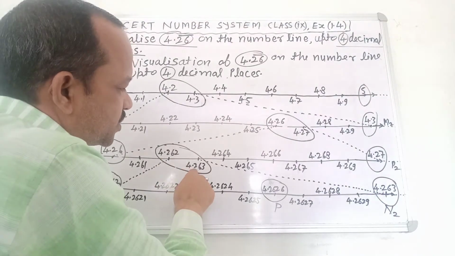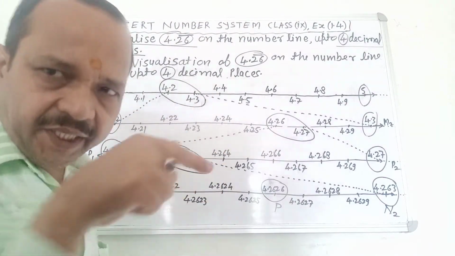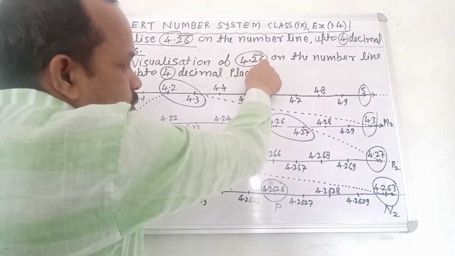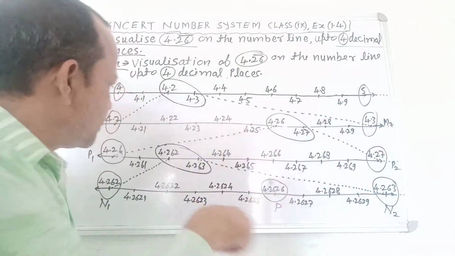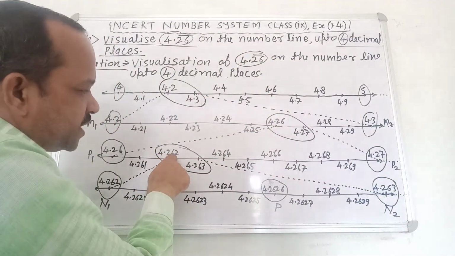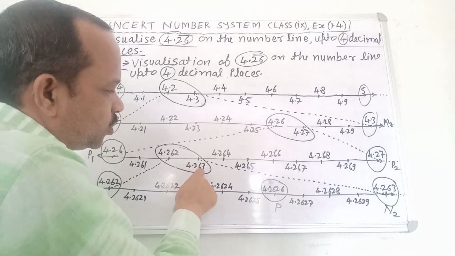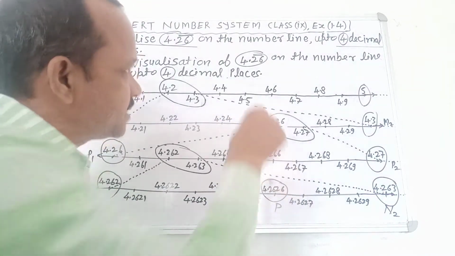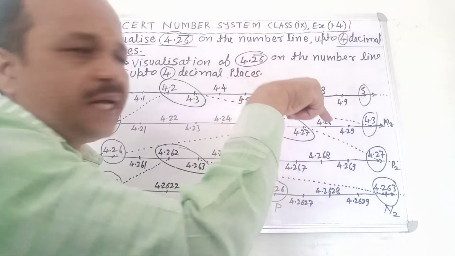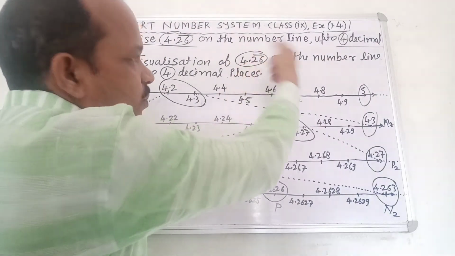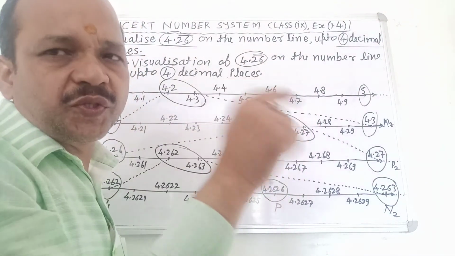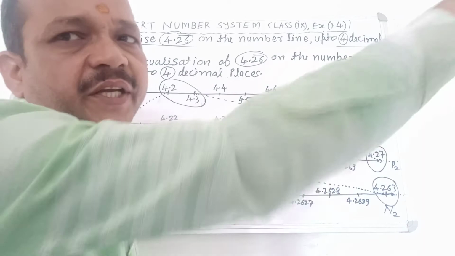Here 4.262 and 4.263. It means 4.26 bar is between 4.262 and 4.263, because bar means repetition. 4.26 bar means 4.262626 till infinite.